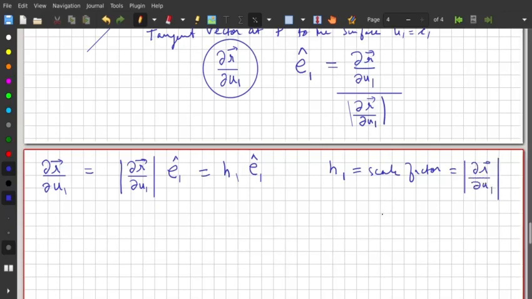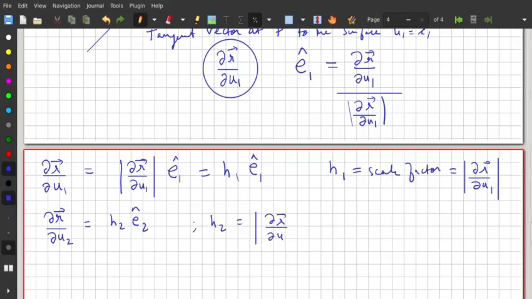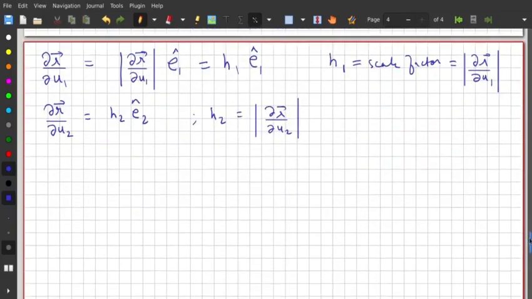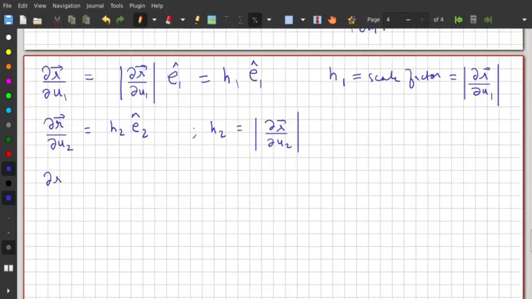Similarly, del r del u2 is h2 e2, where h2 is the magnitude of partial r by partial u2, and partial r partial u3 is h3 e3, where h3 is the magnitude of partial r partial u3.